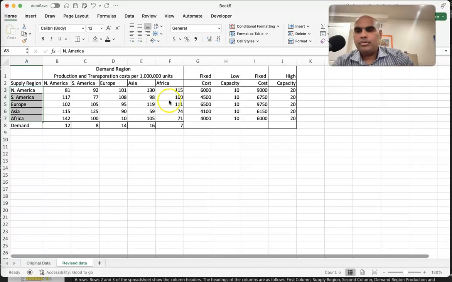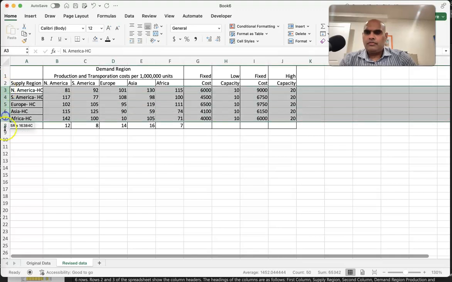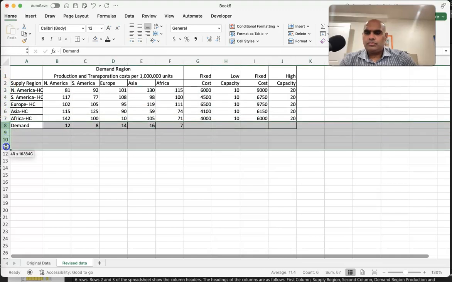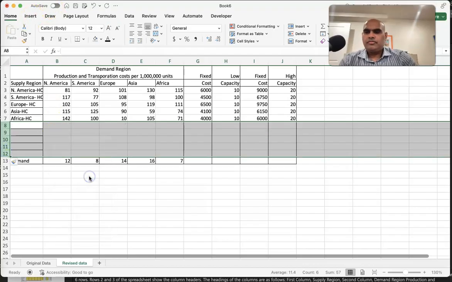All right, so let me do that. So what I'm going to do is I'm going to replicate the region. So here I'm going to change the name here. I'm going to call this North America high capacity, South America high capacity, right? Now I'll need 5 more rows. I'm going to insert 5 rows.